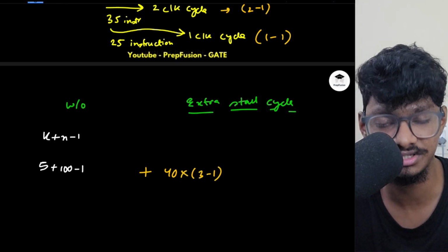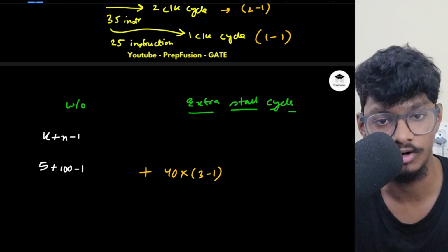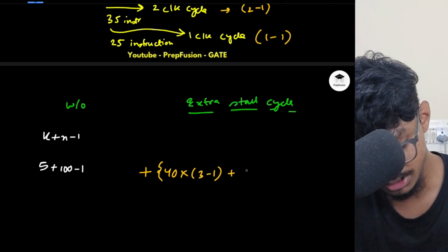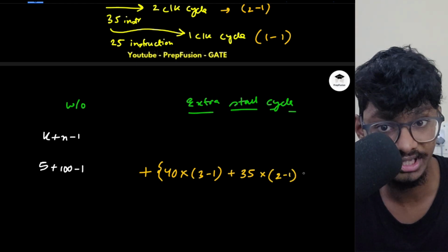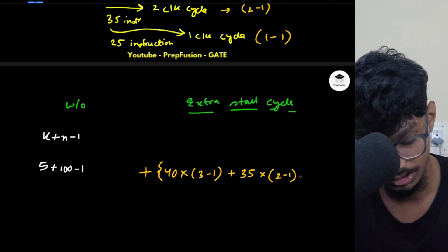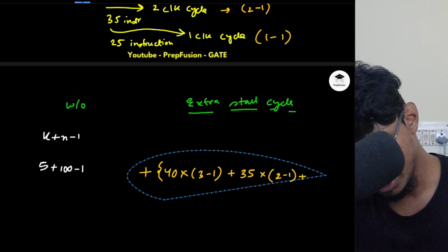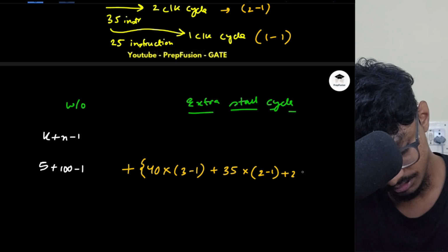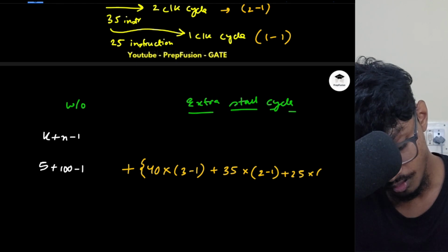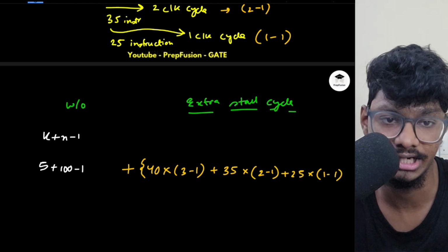How many of these instructions do I have? 40. That's why this is 40, plus again 35 instructions take 2 minus 1 extra cycles. So total extra cycles will be 35 times 2 minus 1 plus 25 instructions take 1 minus 1, that is no extra cycle. That's why a 0 is there.